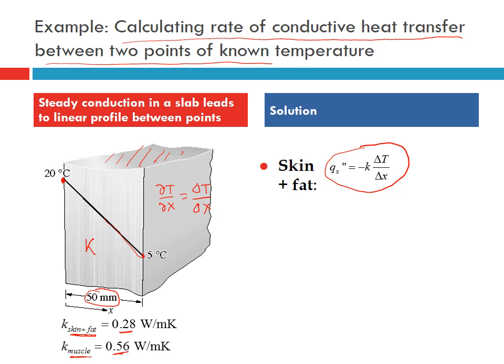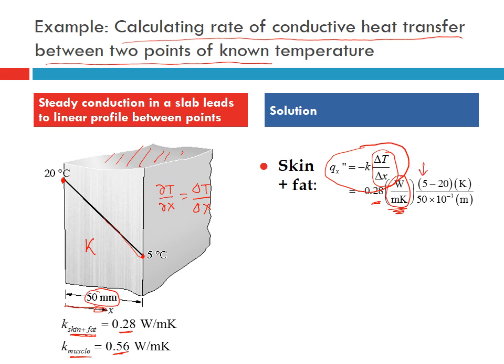So I could write minus k dT/dx, and if I plug in numbers, 0.28 watts per meter per degrees Kelvin is the thermal conductivity. This is the unit for thermal conductivity, watts per meter per degrees Kelvin. Then delta T is the change in temperature. So if this is my positive x direction, then I take the point ahead minus the point behind.